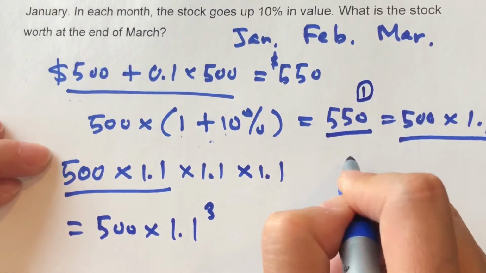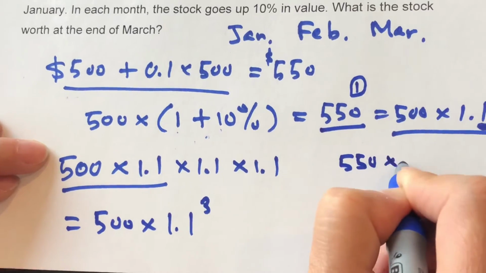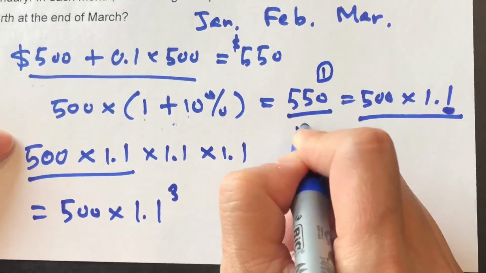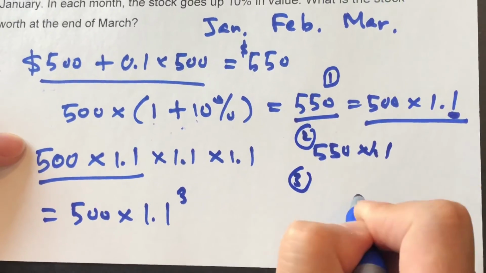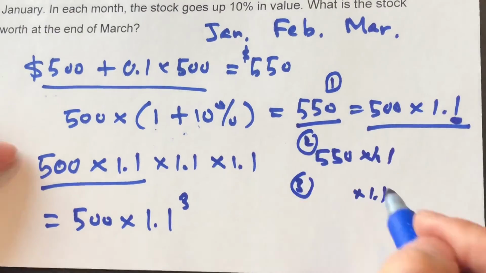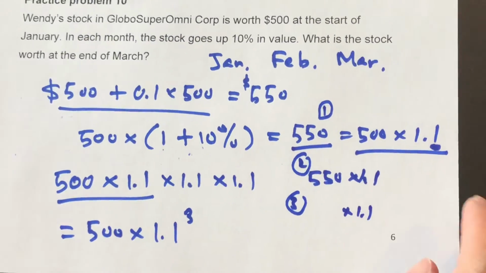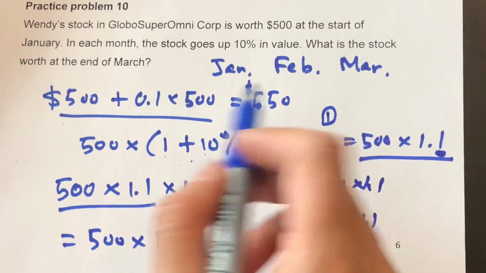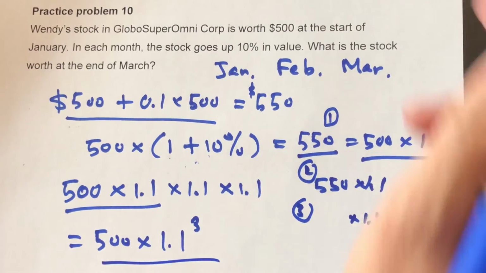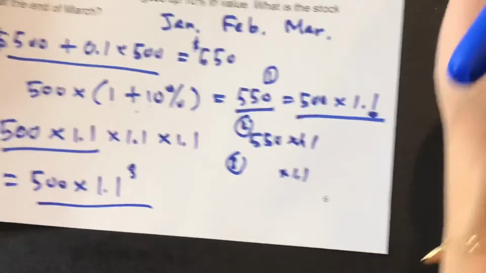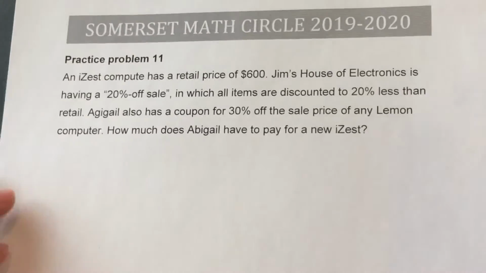First month, second month is 550 multiply 1.1. And third month is this value multiply 1.1. It's the same. But this way, you abstract your answer into a much more mathematically concise form. Problem 11.